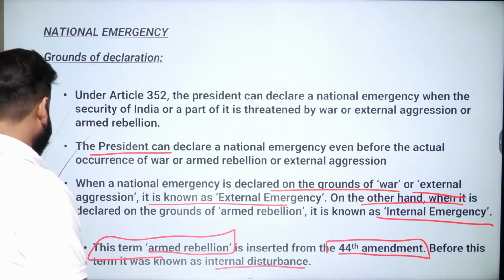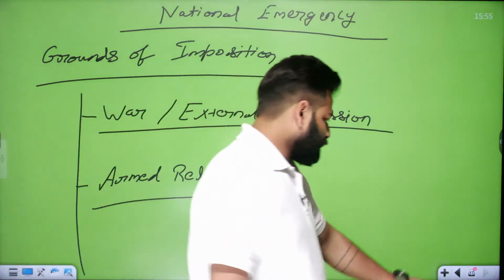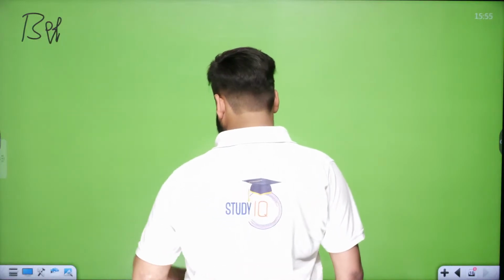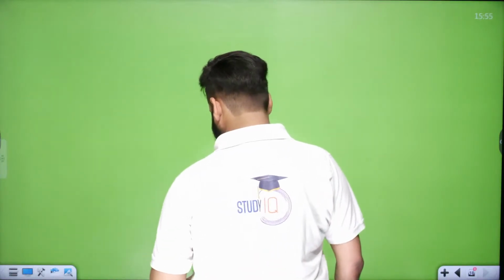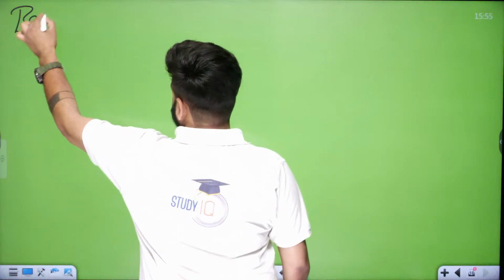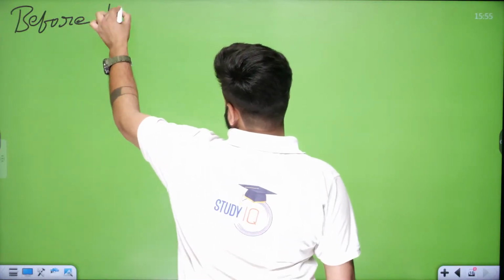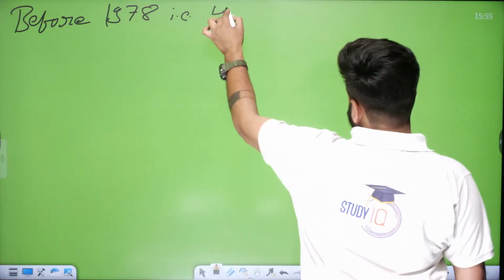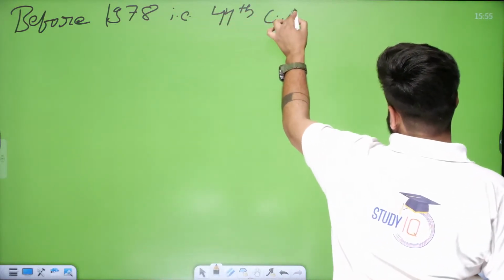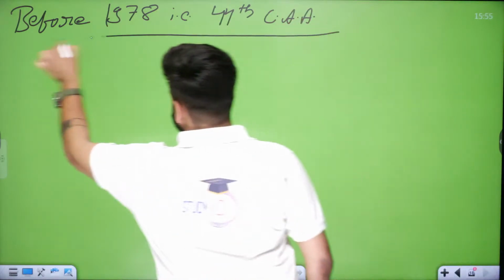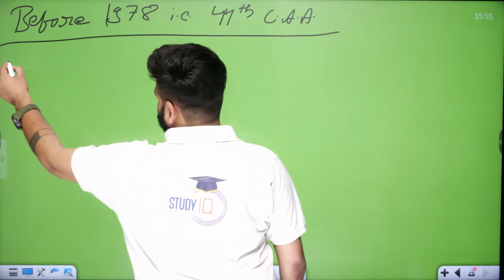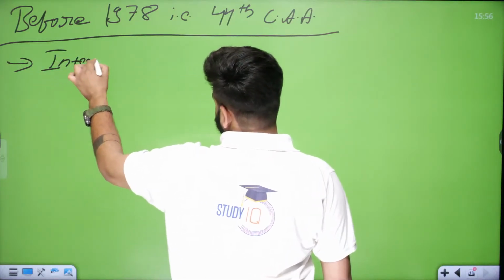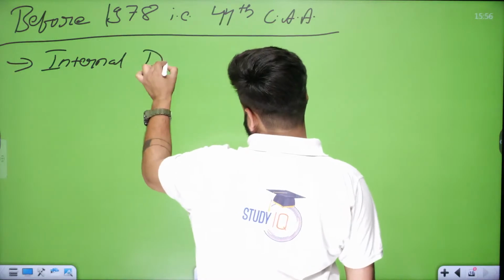Let's understand the difference. Before 1978, that is the 44th Constitutional Amendment Act, one of the grounds of declaration was internal disturbance.